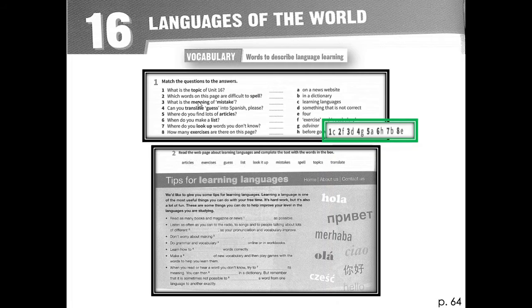What is the meaning of mistake? Let's find one word in the answer options that has the same meaning as mistake. So D, something that is not correct. You can use words like error as well.